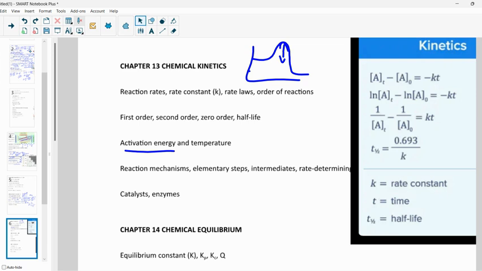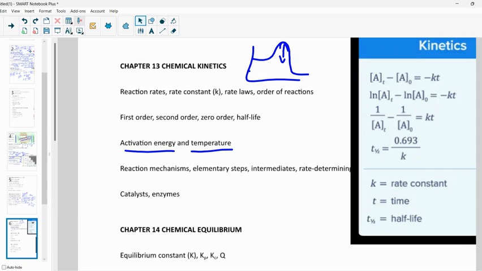So activation energy can be a higher value. As temperature increases, what happens to activation energy? Stays the same. Nothing happens to activation energy. But my collisions now, they're colliding with more effort or with more force, and it's more likely to get that reaction to occur at the higher temperatures.